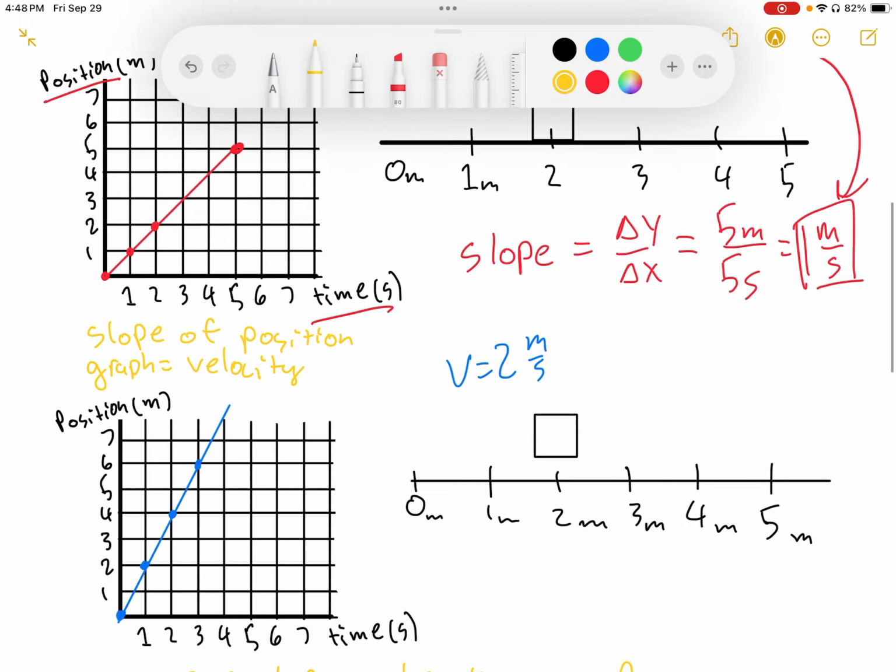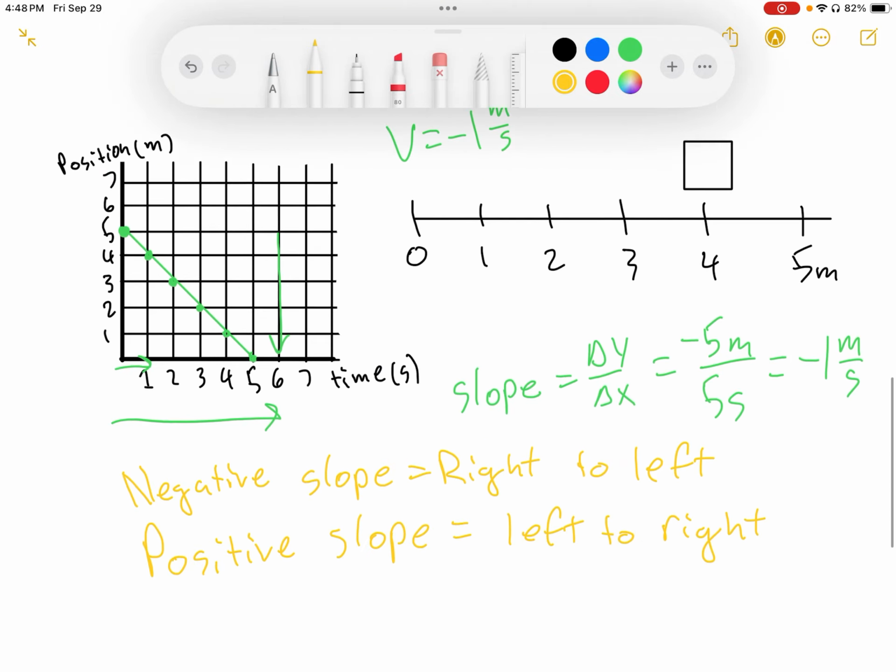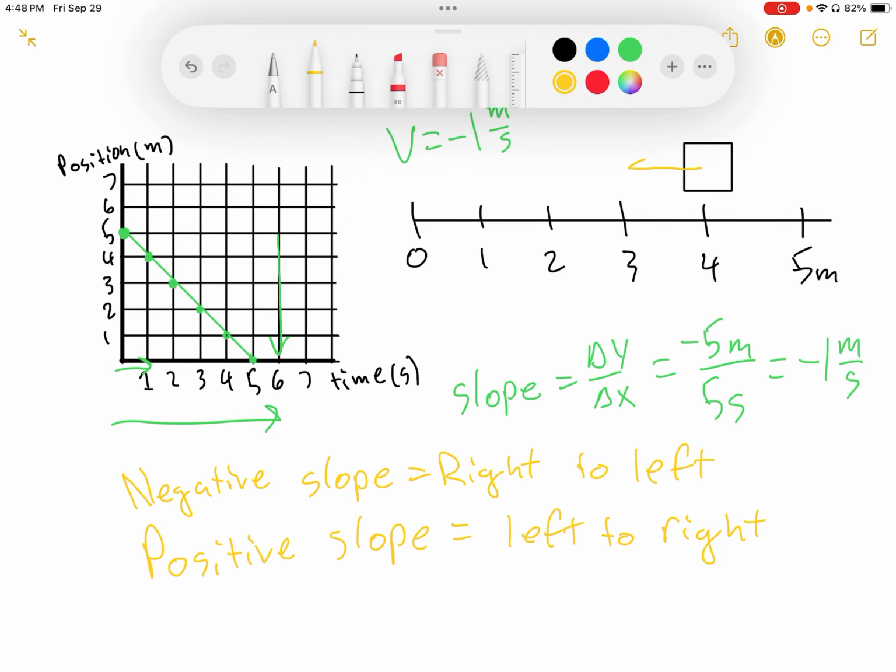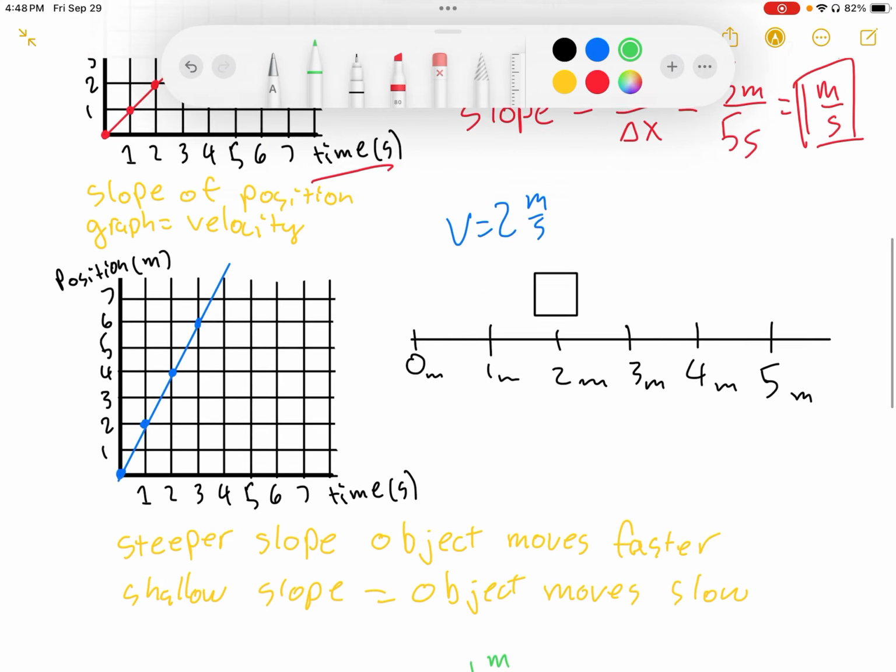So these slopes up here were all positive. This is our first negative slope, and we know that because it's now moving backwards, right? It's moving right to left instead of left to right. Boom. So those are our big ideas, okay?